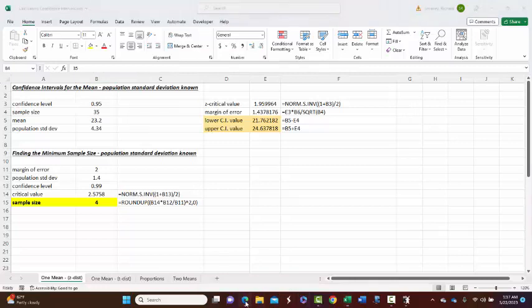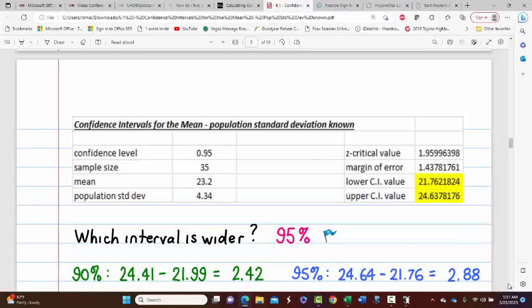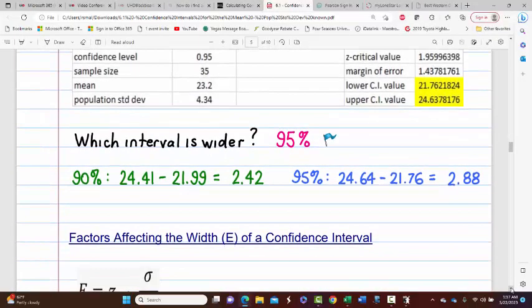So let's take a look. Wider means the distance between the two numbers. If I take the 90%, I get this width of 2.42. FYI, the width of the interval is actually twice the margin of error.